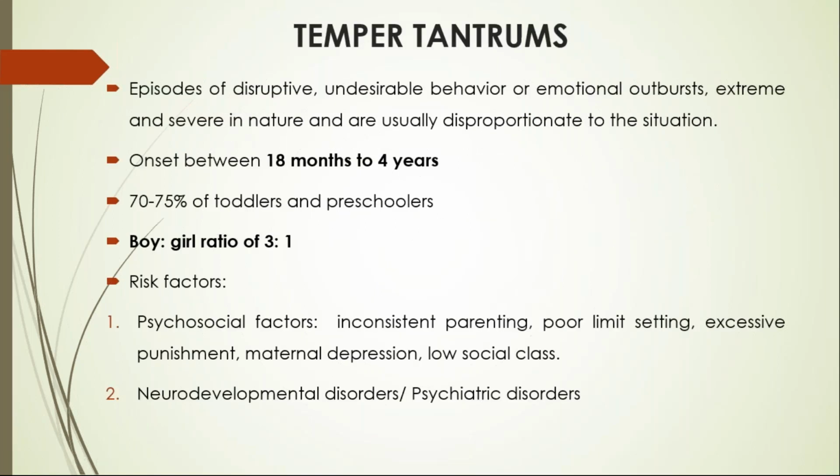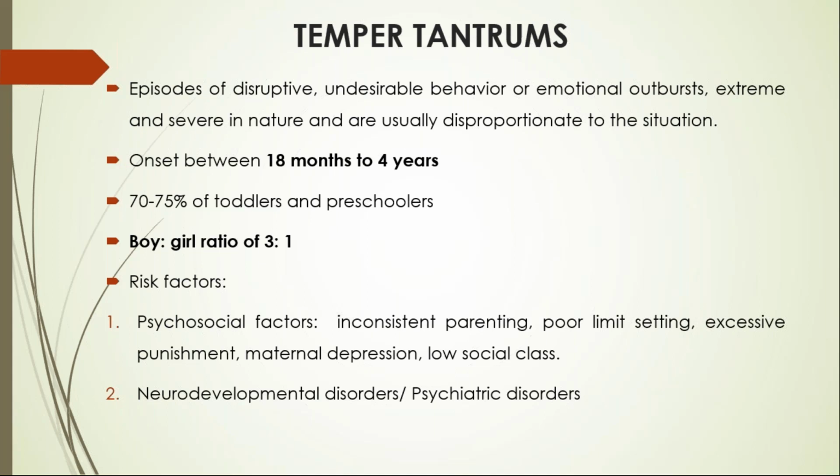So the next we come to is temper tantrums. These are episodes of disruptive, undesirable behavior or emotional outbursts, and they are severe in nature and usually disproportionate to the situation. So this also, like your breath holding spells, is actually a temperament problem or a temperament behavioral disorder, as we may call it.